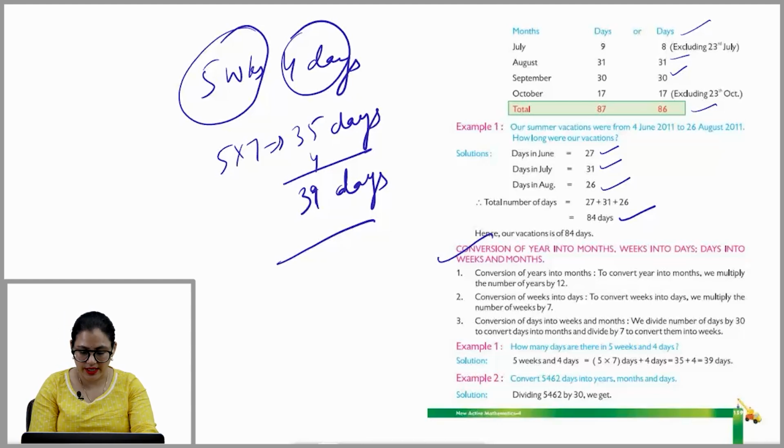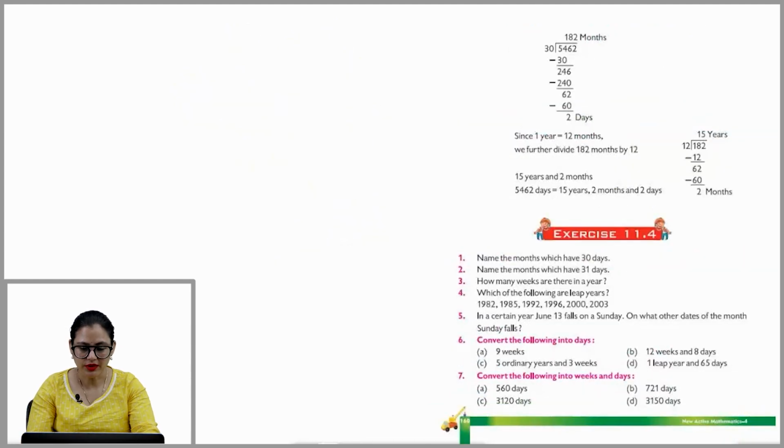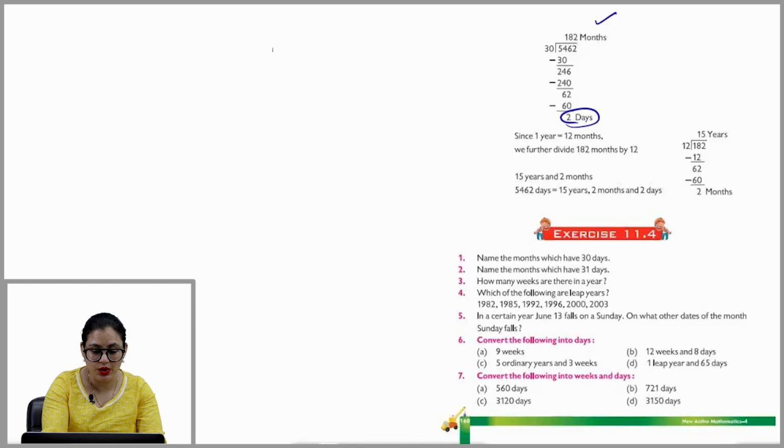Example 2: convert 5,462 days into years, months and days. First, we'll divide this number by 30. So we'll get 182 months. 2 is the remaining, meaning 2 days. 1 year is equal to 12 months, so we will further divide 182 months by 12.